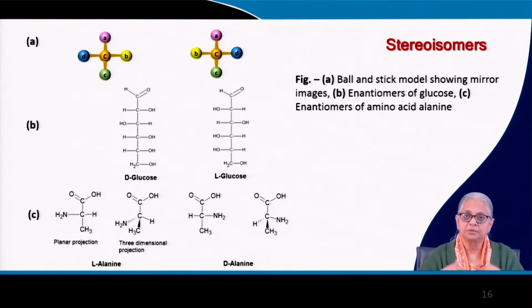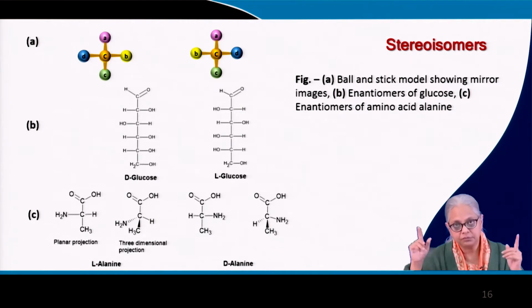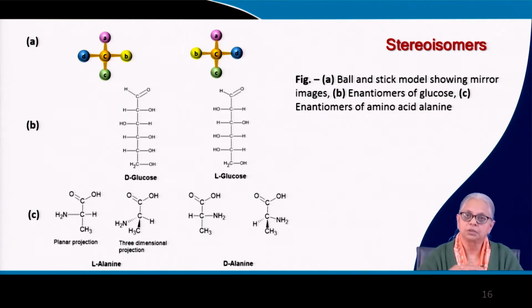So these sweeteners, they give the same sweet taste to the mouth, but because they are bypassing the digestive system, the body does not have the ability to digest an L glucose molecule. So the taste satisfaction is there, but the sugar is not ingested or rather digested by the human being. So that is one example of a stereoisomer not being utilized.